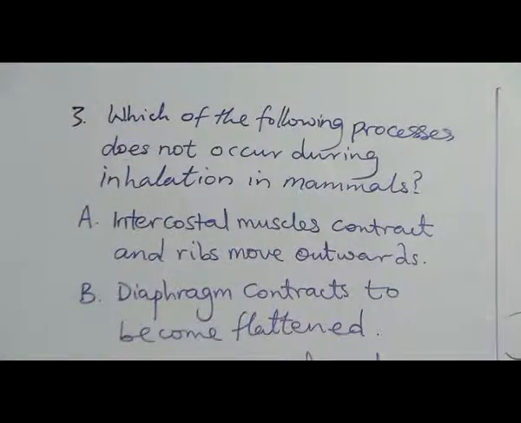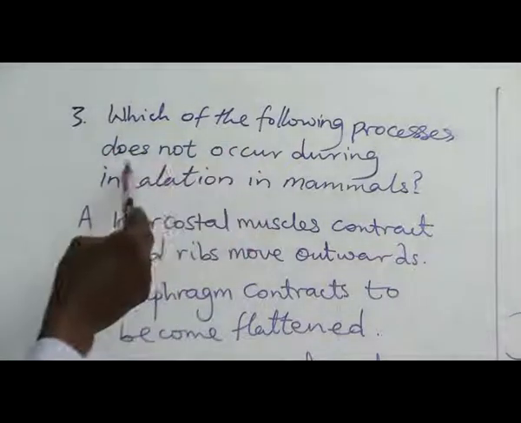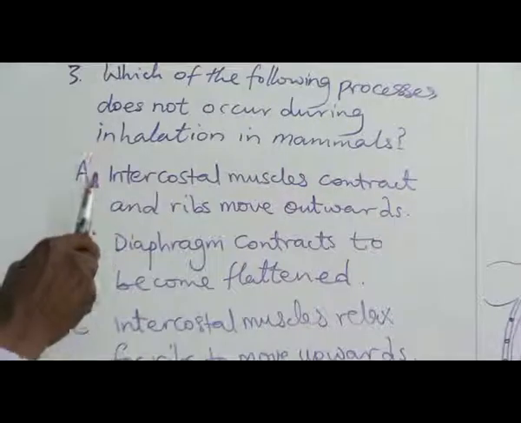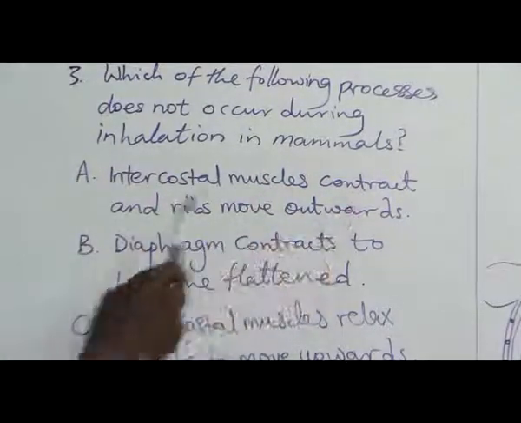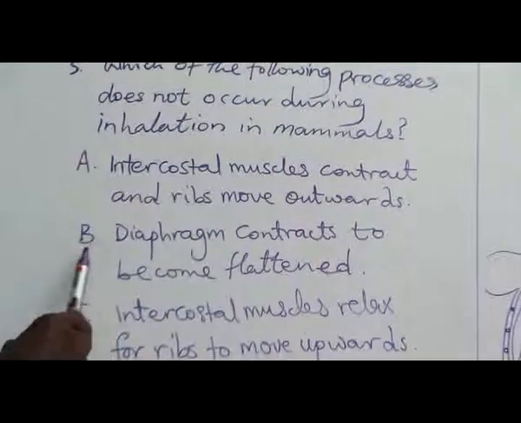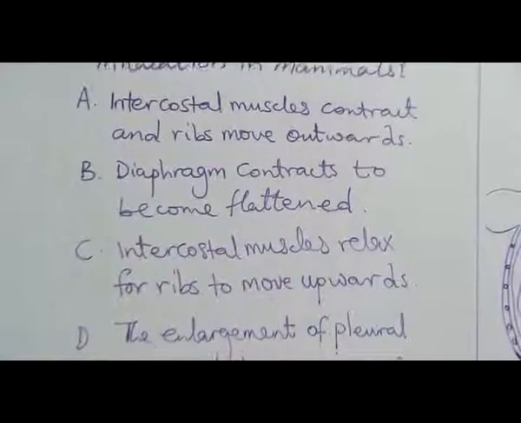Let's now look at the answer to number 3. Which of the following processes does not occur during inhalation in mammals? A. Intercostal muscles contract and ribs move upwards. That's correct. B. Diaphragm contracts to become flattened. That's correct.